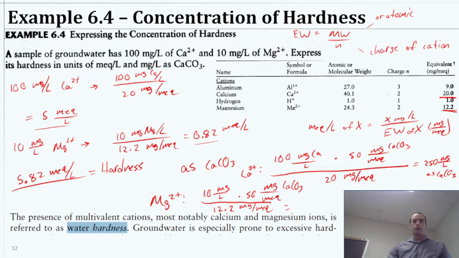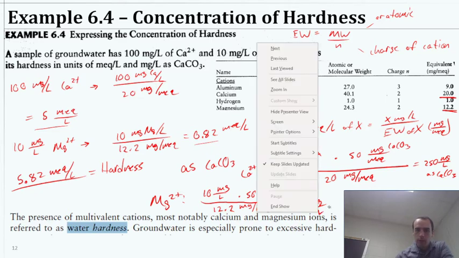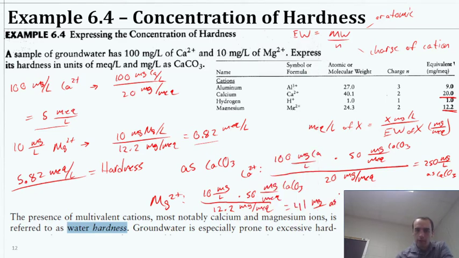And that should give us 500 divided by 12, should be 40.98. Let's say 41. And we would say that's 41 milligrams per liter as CaCO3.